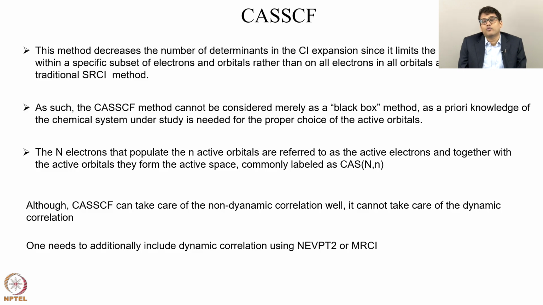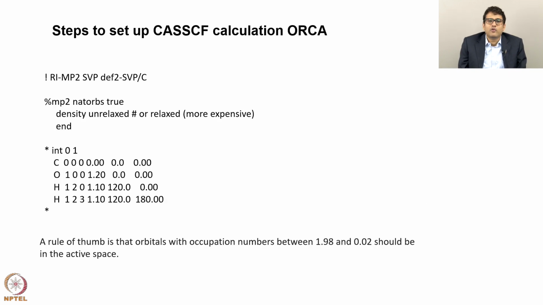Some people even do coupled cluster on top of this wave function, which leads to the so-called multi-reference coupled cluster method. They are supposed to be the best of both worlds, where it can take care of the dynamic and non-dynamic correlation on a very balanced ground, but they have practical implementation problems, so they have never become very mainstream. So, now let us try to do some calculation.